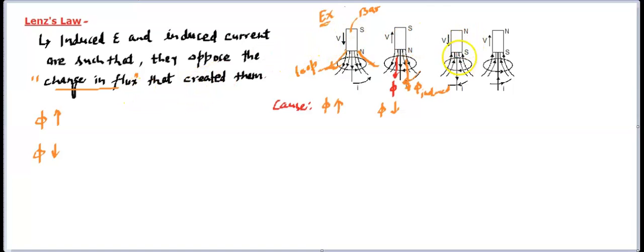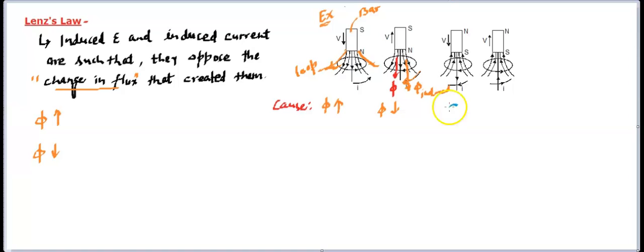Similarly, there are two more pictures you can think about and see whether the directions are correct. In this case, the south and north have been reversed. So if this is the south, the flux will be passing in the upward direction. And if you take this bar magnet downside, you'll find more flux will be coming in. So here the flux is increasing.